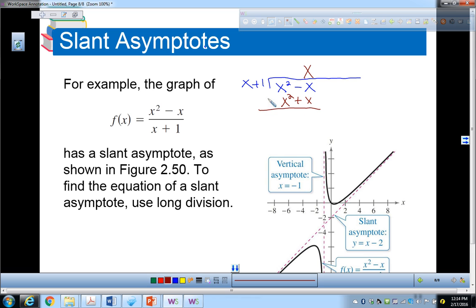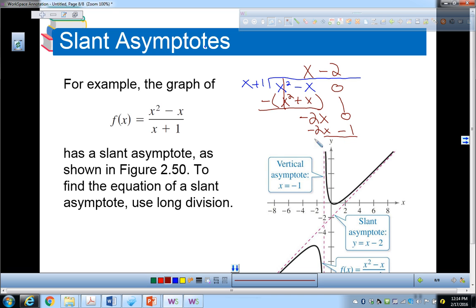Then I subtract this entire thing. This disappears. I get negative x minus x, which is negative 2x. What do I need to multiply this by to turn it into negative 2x?